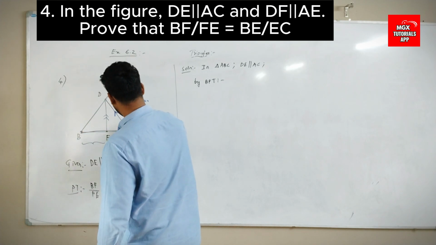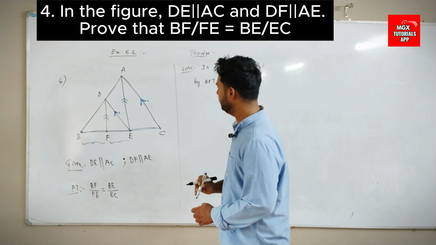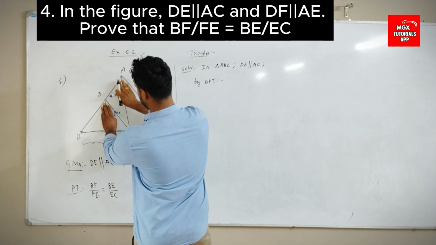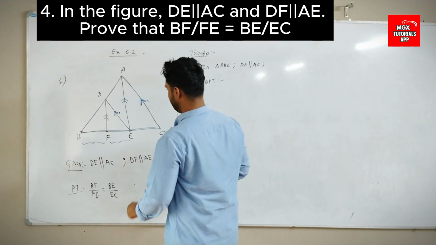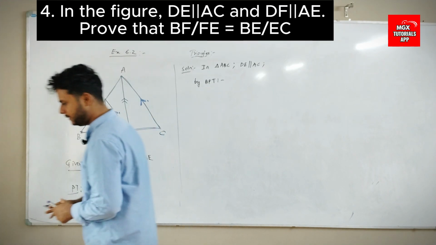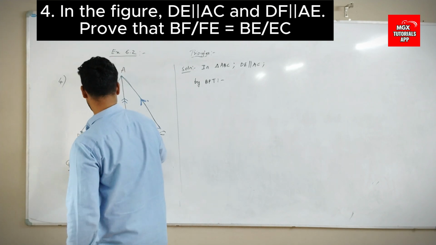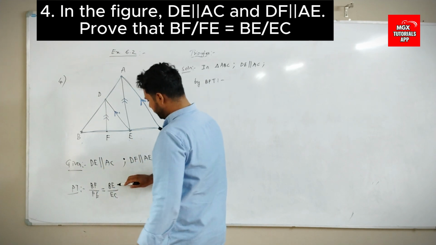I am using now full triangle. Just see this and this. Don't forget this and this is there, otherwise this is parallel to this. Okay. And in first thing I made a mistake, leave this. I should prove AE by EC.